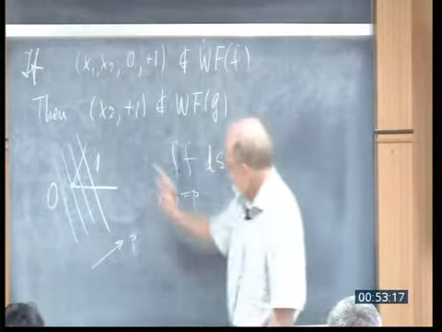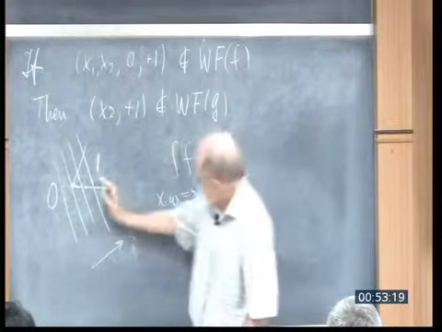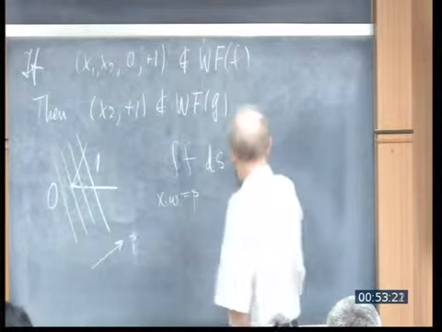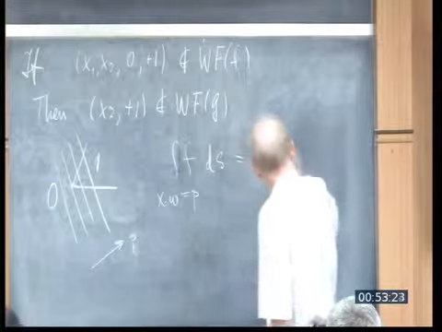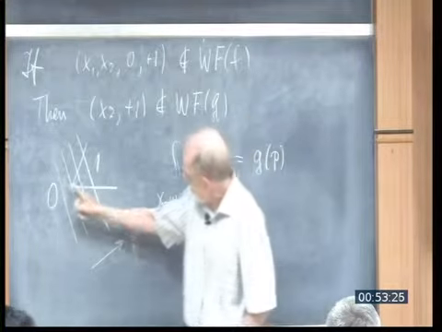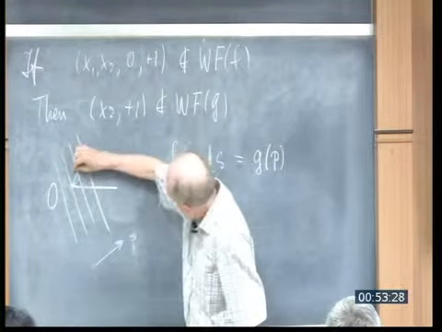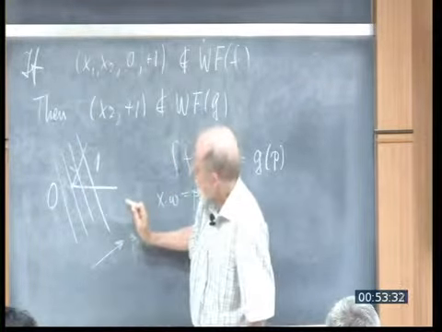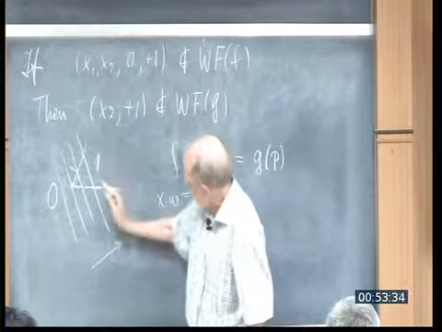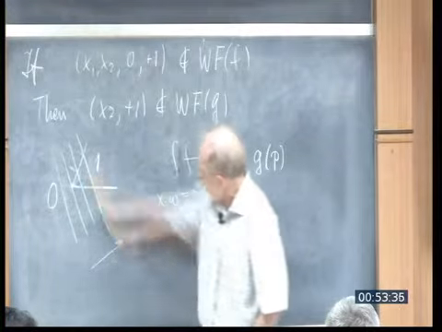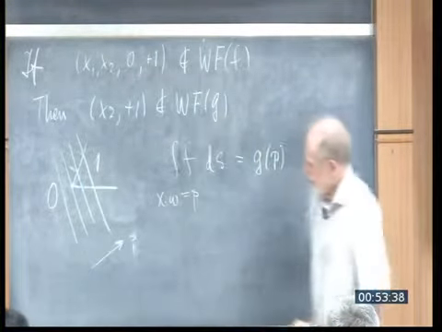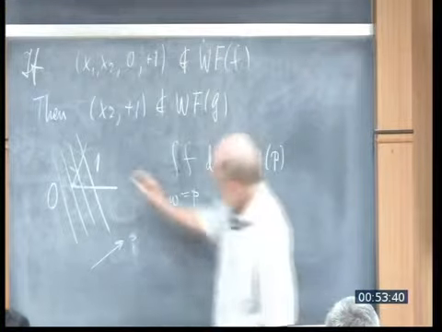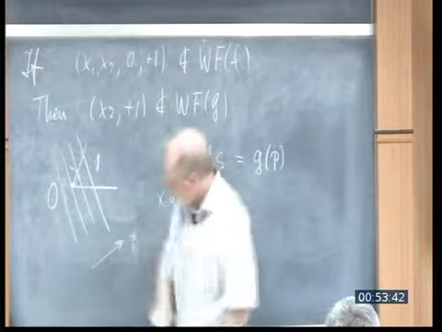Then we know, and we also see directly, that there can only be a singularity in g at this point because there are definitely no wavefronts in f that are orthogonal to the lines of integration, except possibly here.